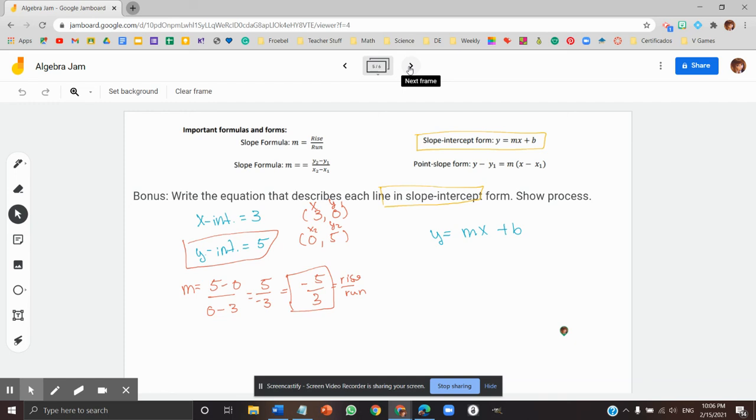I just found out what my slope is, and my slope is negative 5 over 3. And they already gave me the y-intercept, and that was 5. And that is my slope-intercept form. Easy peasy.